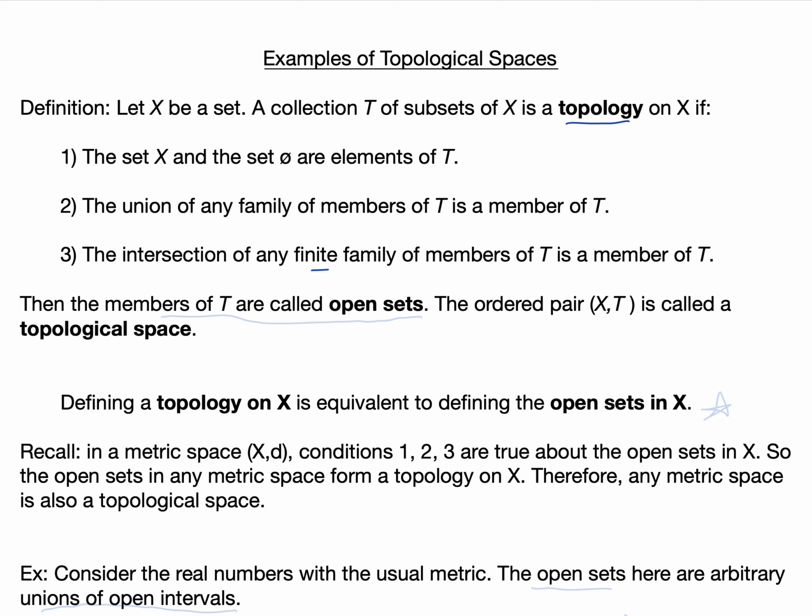In this case, the members of tau are called open sets. Tau is a topology on X, and the ordered pair (X, tau) is called a topological space.